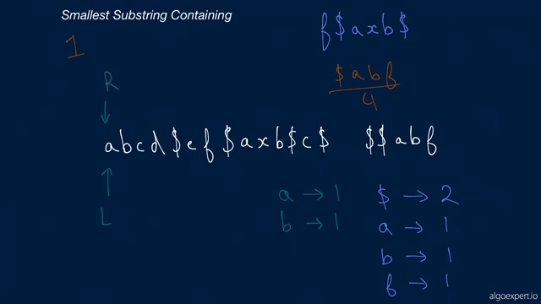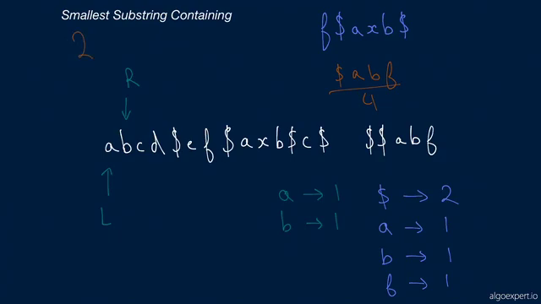Then we moved R to B, and we found that B was in the hash table, so we made B point to 1. And we saw that 1 is equal to 1. We have the same number of B's in our substring between L and R as we have in our target hash table. So we can update this number here in the top left corner from 1 to 2.